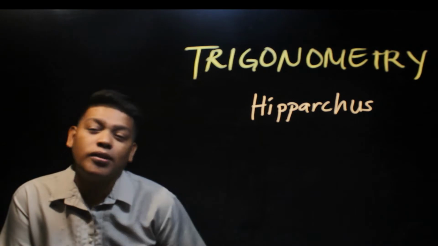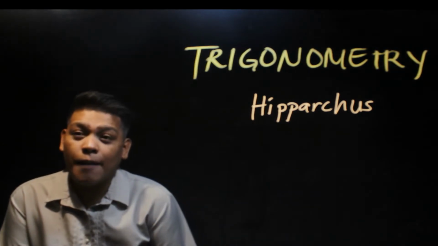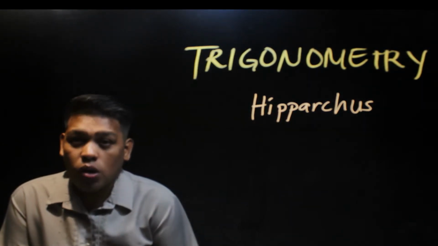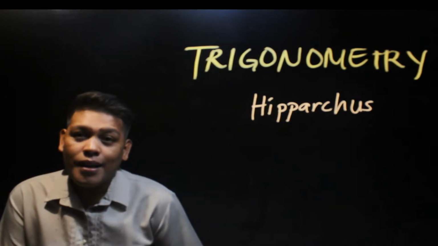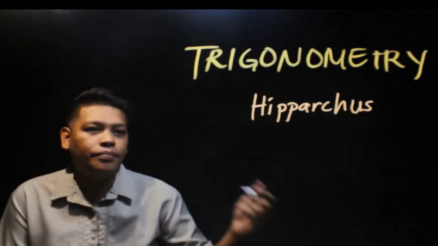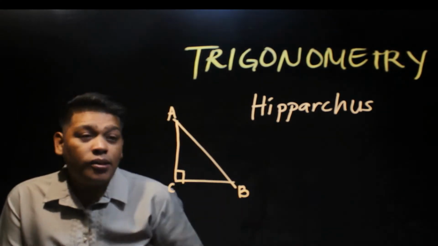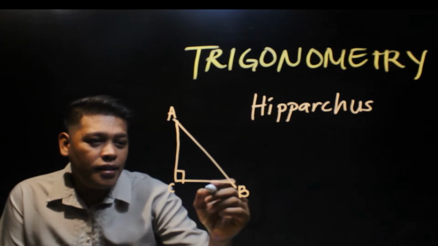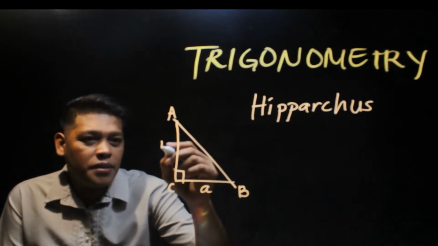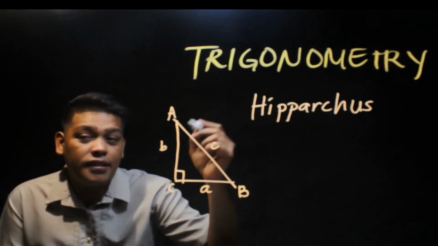That is the sine, cosine, secant, cosecant, tangent, and cotangent. No? So if we have a triangle, this is the side A, side B, and side C.